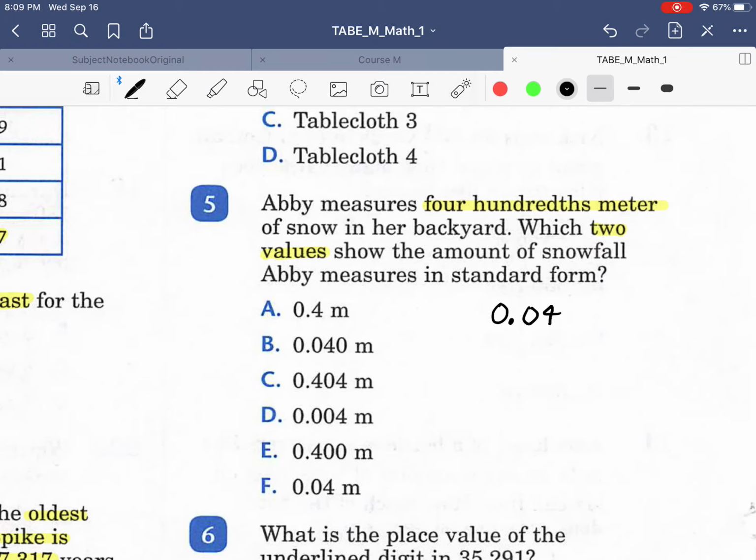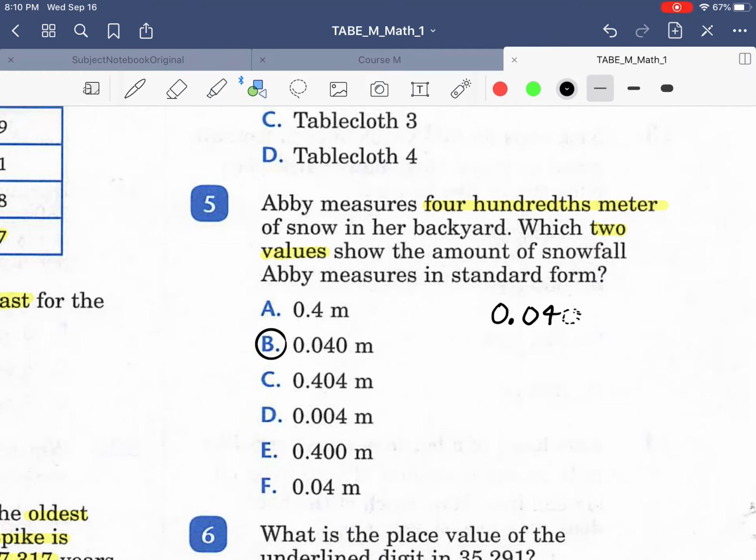The first one is 4/10, and that is not what I'm looking for. B is one of my choices because that could definitely have that ghost zero out there. B is 4/100. Actually, it's 40,000ths, which simplifies to 4/100. So B is one of them. C is 404,000ths.